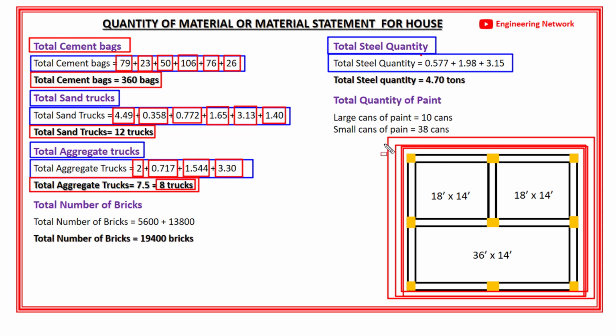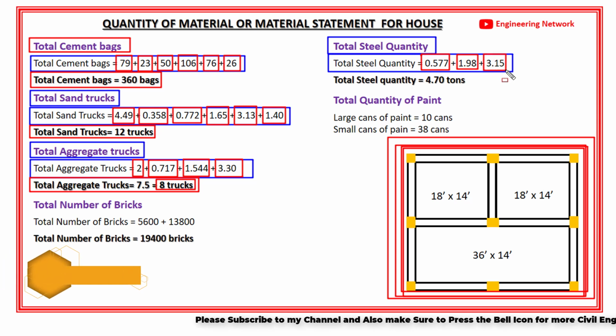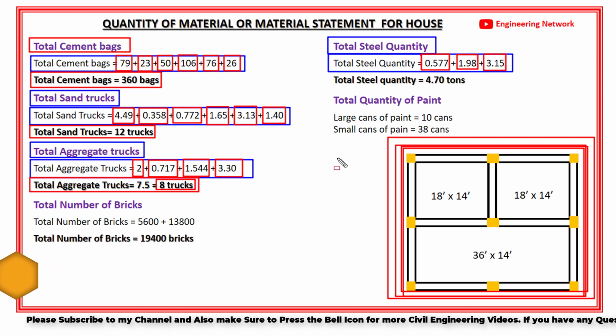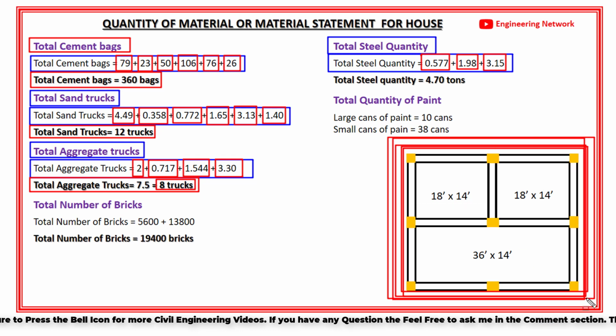So in this house, the quantity of steel in column is 0.577 tons plus quantity of steel in beams, which is 0.98 tons, plus quantity of steel in slab, which is 3.15 tons. Okay. And after the calculations, the total quantity or amount of steel that will be used in the construction of this house is 4.7 tons, right?